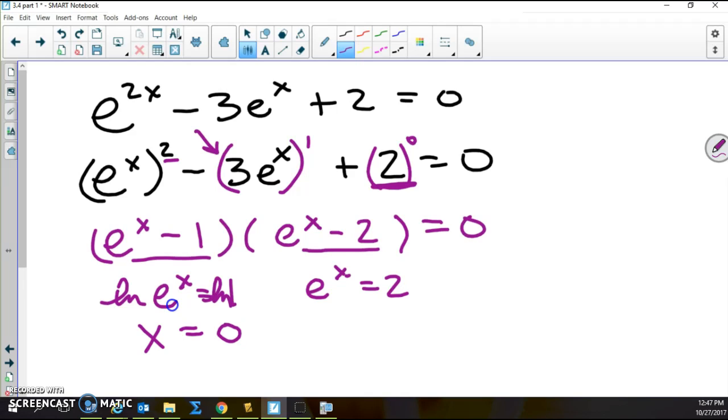In the second possible solution, we take the natural log of both sides again. Natural log of e to the x leaves us with x, and the other solution will be the natural log of 2, which is approximately 0.69.